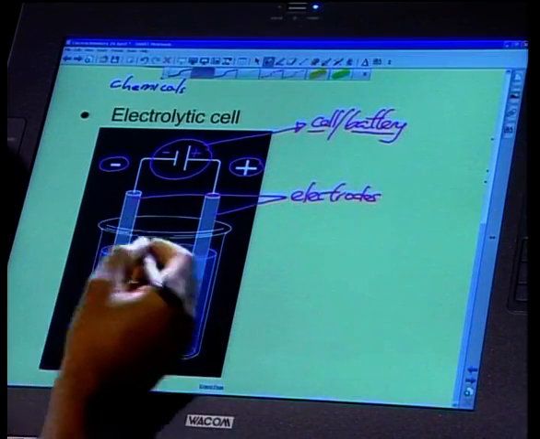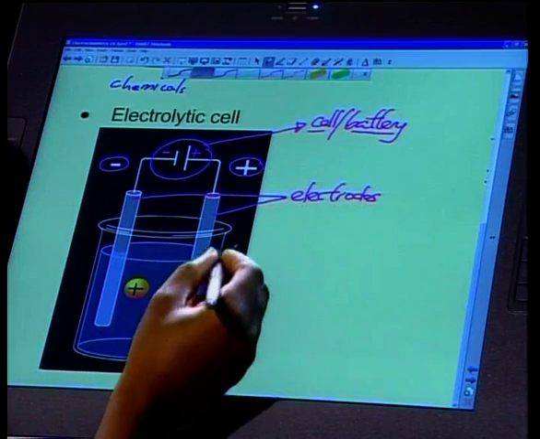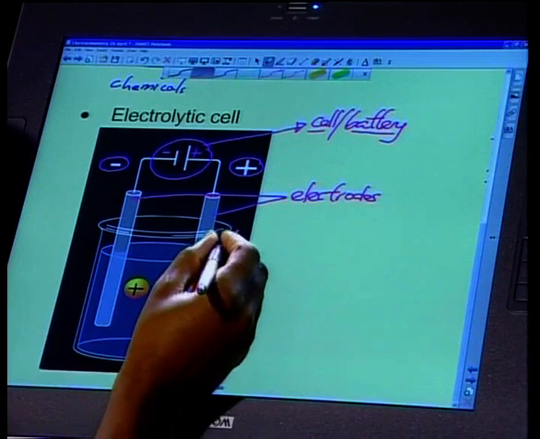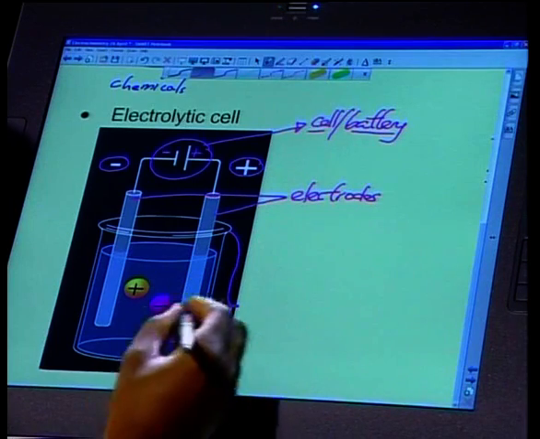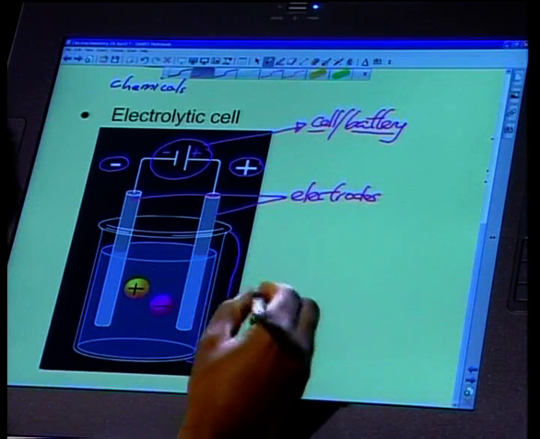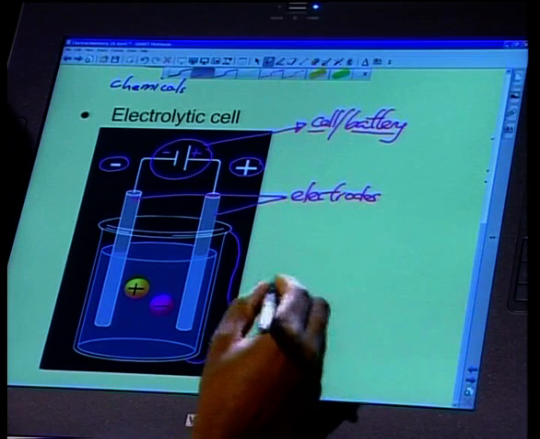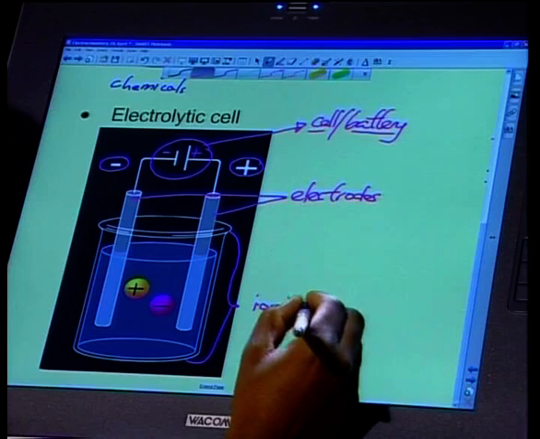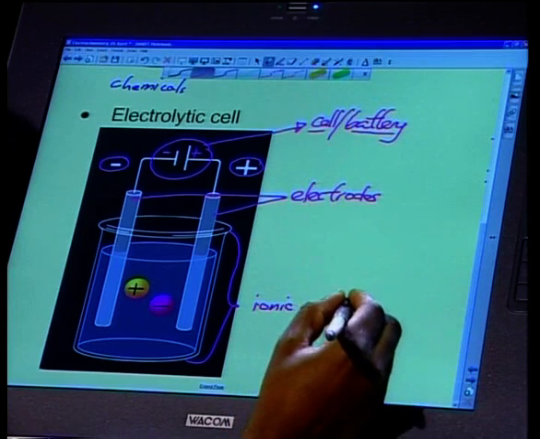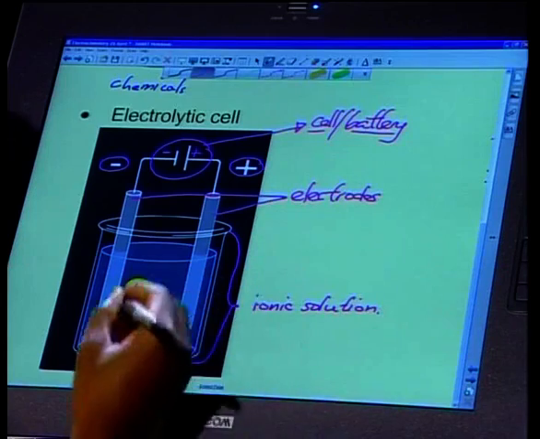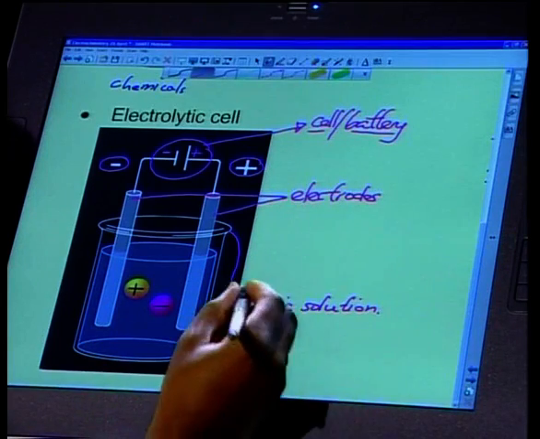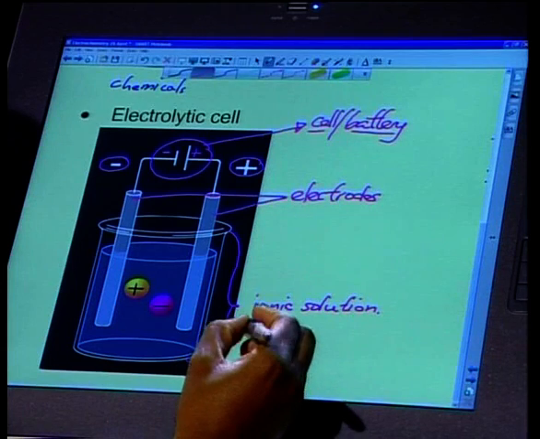Now, in the same way as with a galvanic cell, this section here is a container with a solution. It's an ionic solution, okay? Now, this is a solution that can conduct electricity. And what do we call a solution that can conduct electricity?